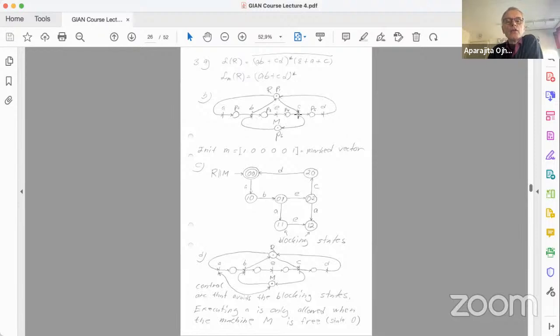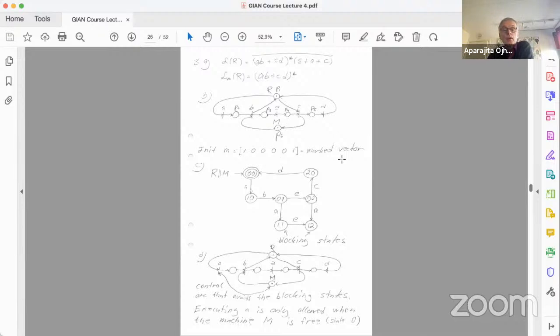Or it can take the C event, which is once again shared with the machine, and then independently locally take a D and go back. So the initial and marked vector is the following one. You have a token in the first place and in the last place, P6. This is the initial and marked vector.